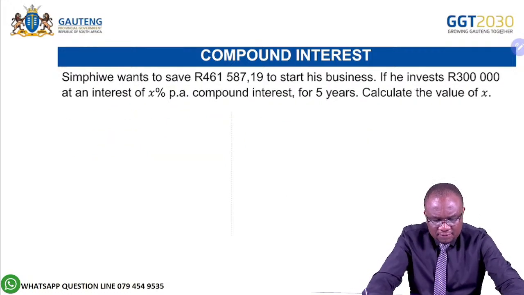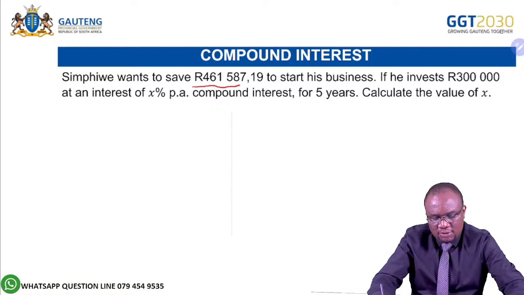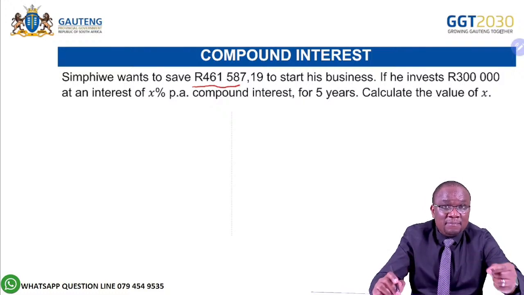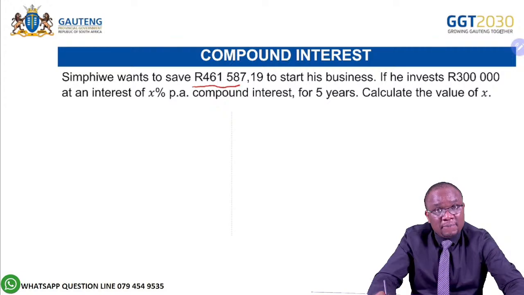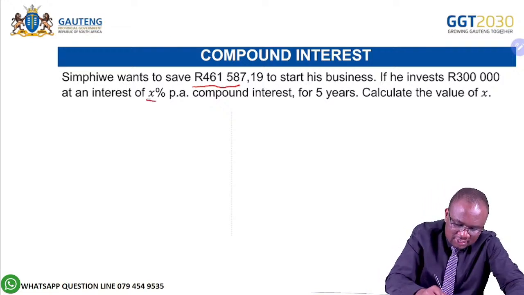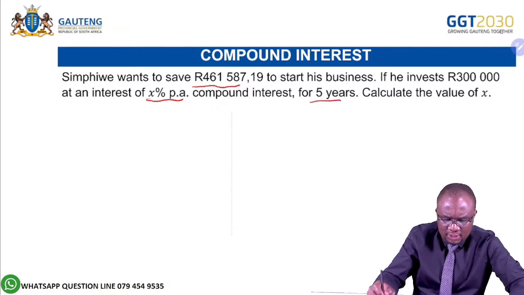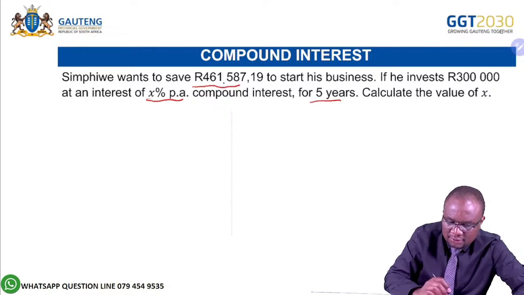Right, Simpiwe wants to invest to save 461,587.19 to start his business. You see, the questions are just the same as the ones we did for simple interest, but now the difference is we're using compound interest here, and the amounts are different. Now, if you invest 300,000 at an interest of X% per annum, compound interest, for 5 years, calculate the value of X. So he wants to save this amount.